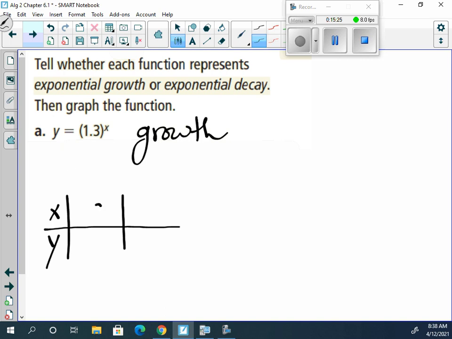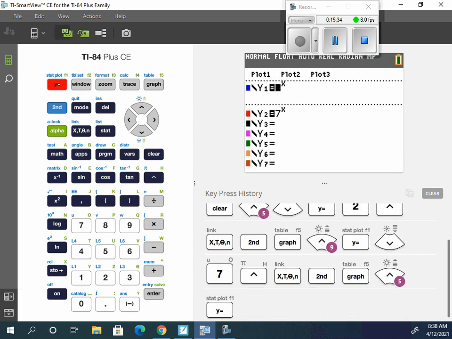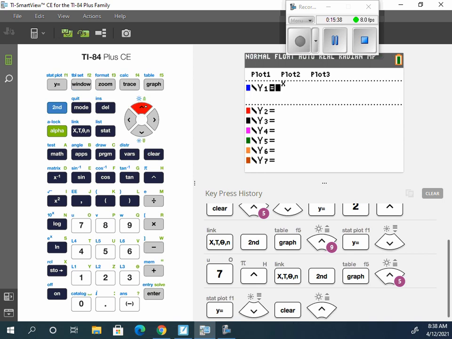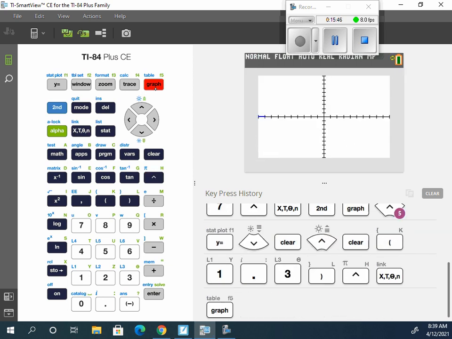We can do x, y, and 0 and 1 and plug those in. 1.3 to the x. Graph.